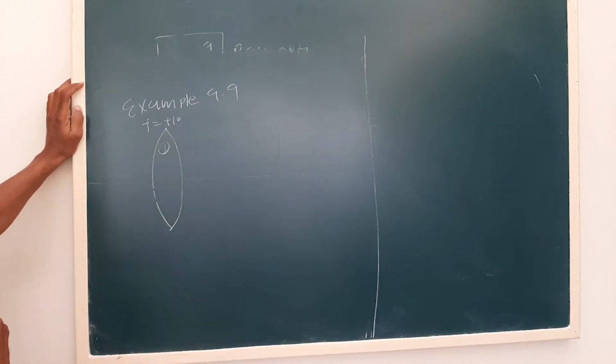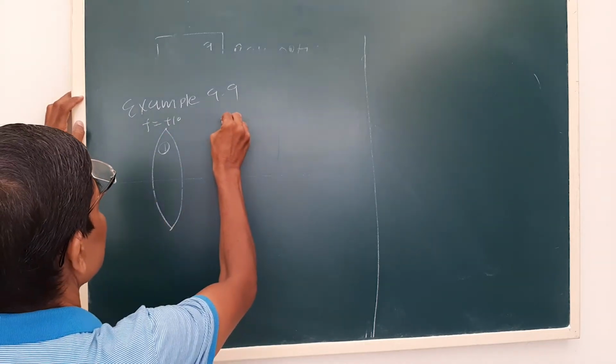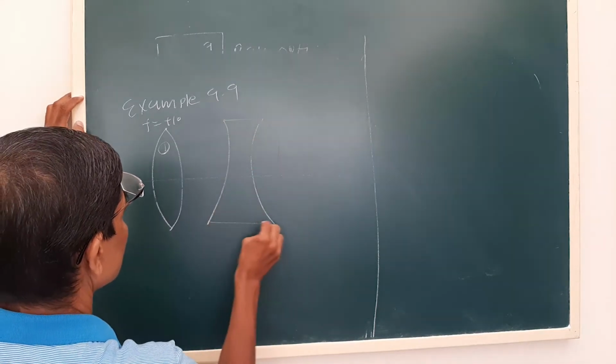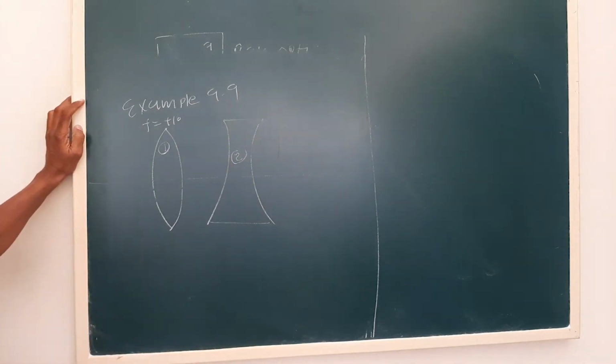This is lens 1. Lens 2 is a concave lens.